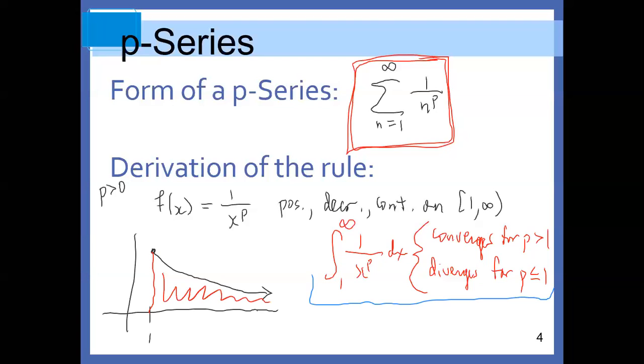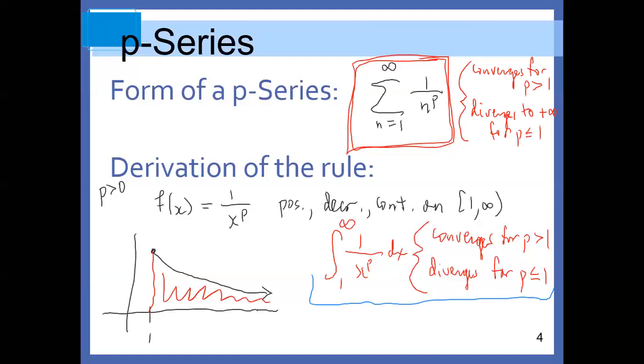So can't we say the exact same thing about this? The P series converges for P greater than 1, and it diverges, actually to infinity, for P less than or equal to 1.